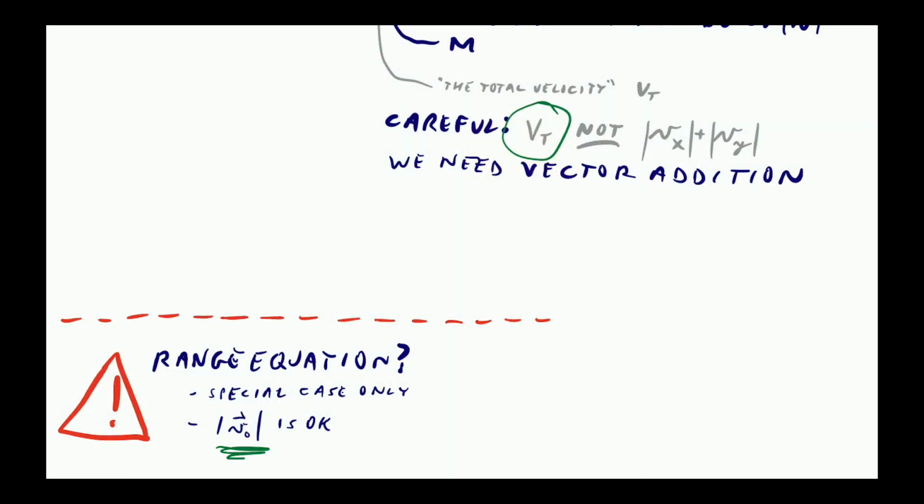It only works for that. And if you don't care about time, you can use that to find the range. We call it the range equation. It does use the speed, so if you ever see the range equation, it's okay to use the original full magnitude of the starting velocity because that's part of the equation.